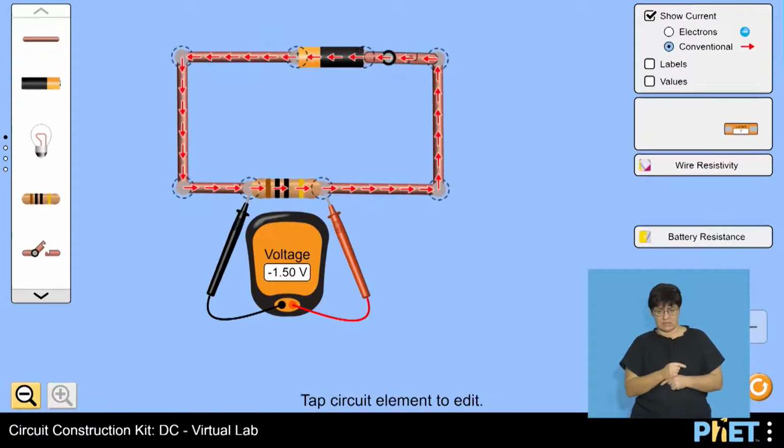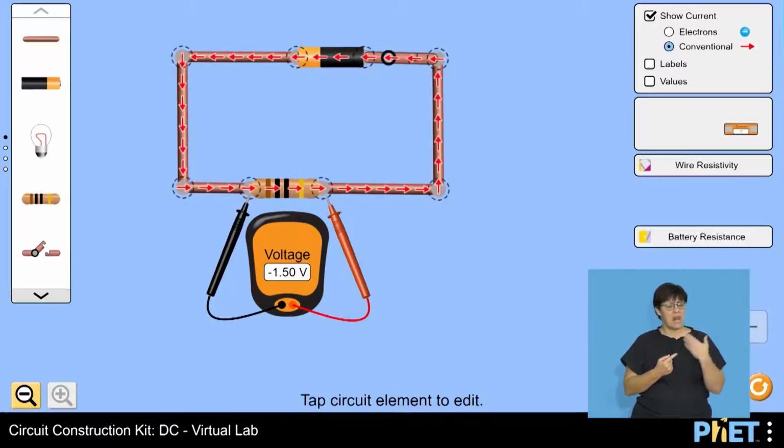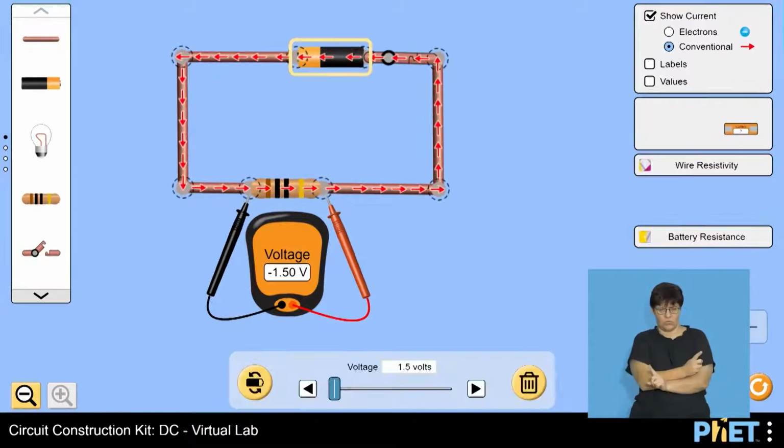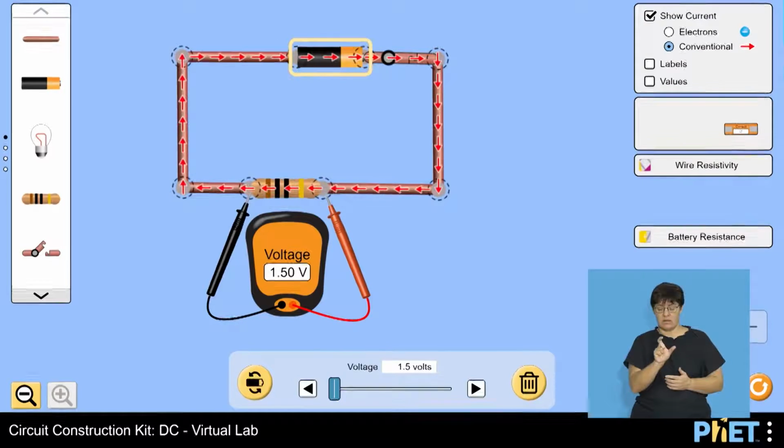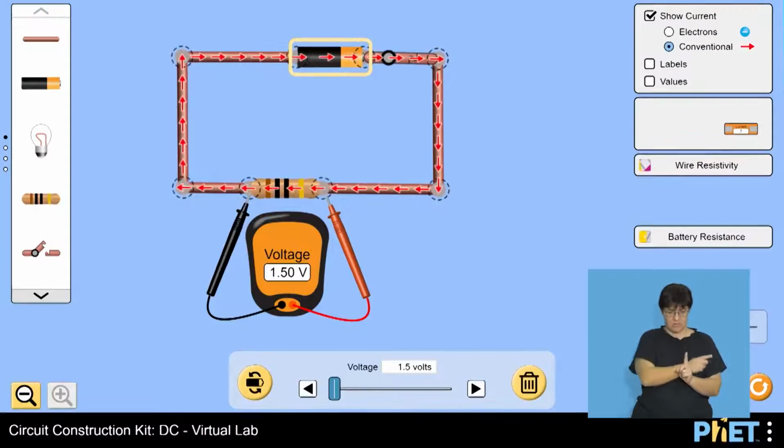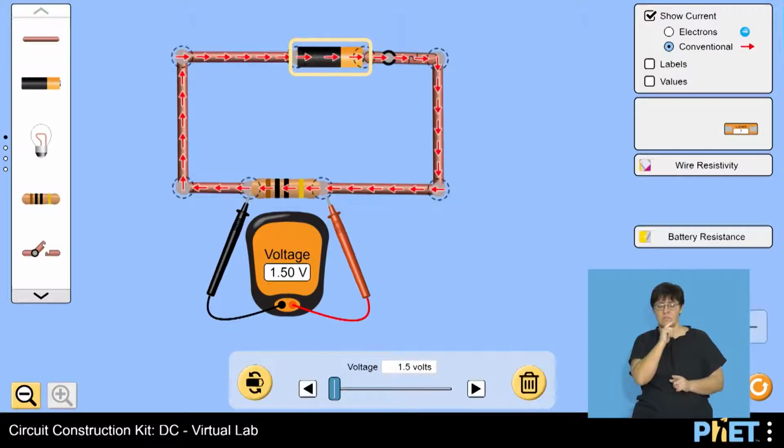The voltmeter is expecting the black terminal to be closest to the positive side and the red closest to the negative, and it's in the wrong direction. If I switch the cell again, now the current is coming from the positive and going away at the negative, and so it's reading a positive value.